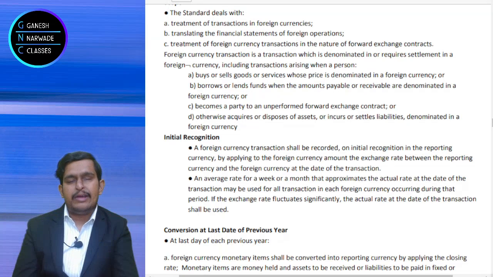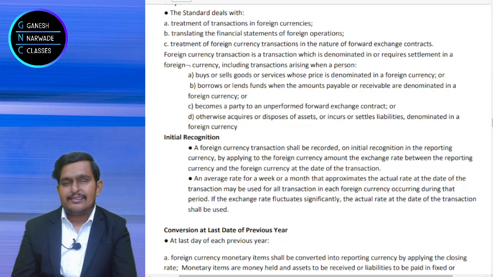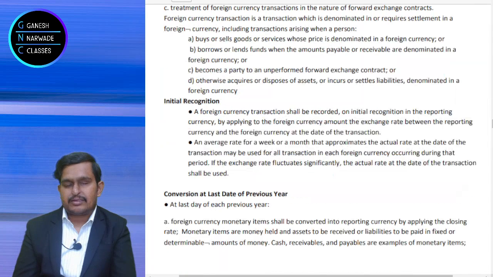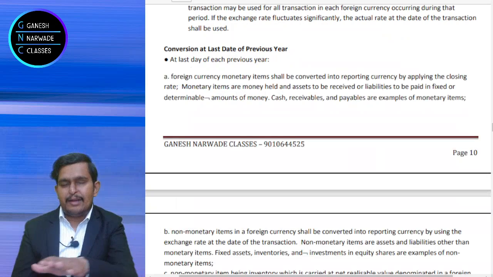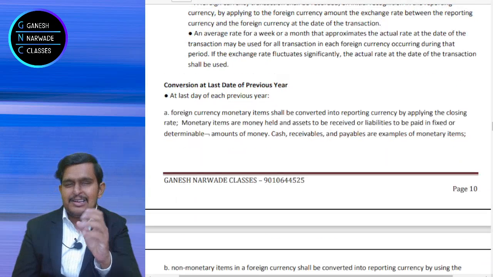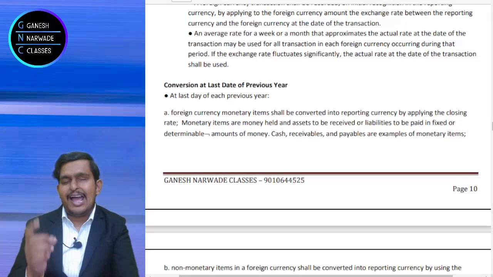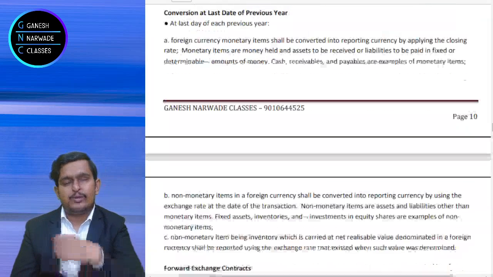Sometimes if we are doing many transactions, then we can take an average exchange rate for the week or month, no problem. If there is reasonable stability in the foreign exchange rate, then the average rate per week can be applied to all transactions.